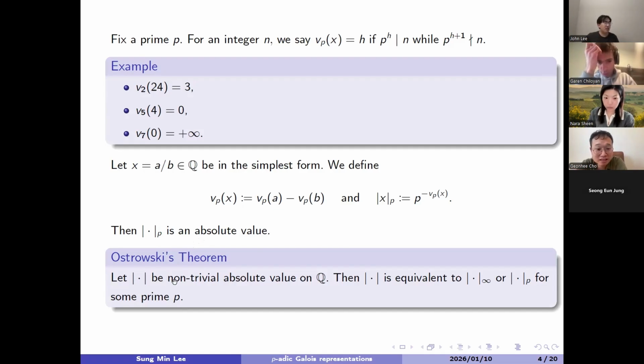Let this be any non-trivial absolute value on Q. Then it is either equivalent to the typical absolute value that we are used to, or a p-adic absolute value. So intrinsically, there are only two types of absolute value: the typical absolute value or the p-adic absolute value, and there's nothing more than that.